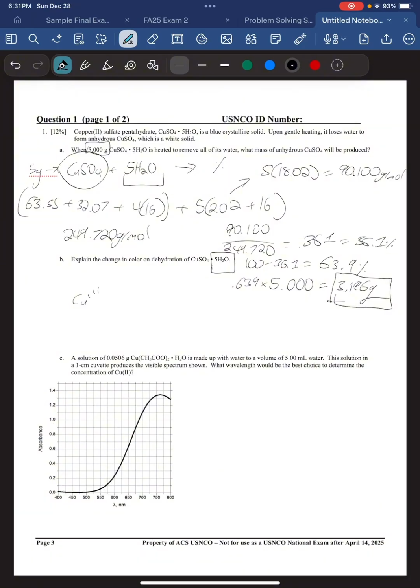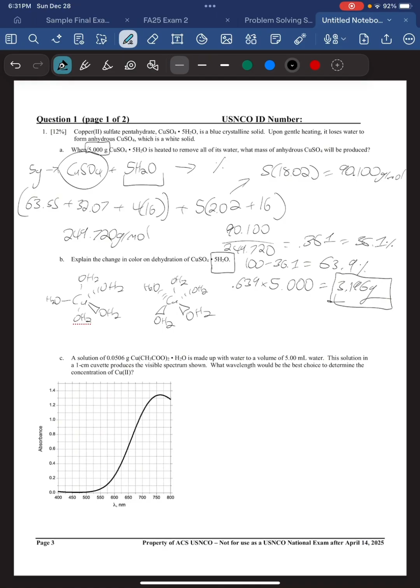So we can assume that it forms a 5-coordinate complex. It will either form your trigonal bipyramidal complex, or it will form your square pyramidal complex, which looks like this. In either of these situations, we have what's called d orbital splitting, which happens in coordination complexes.